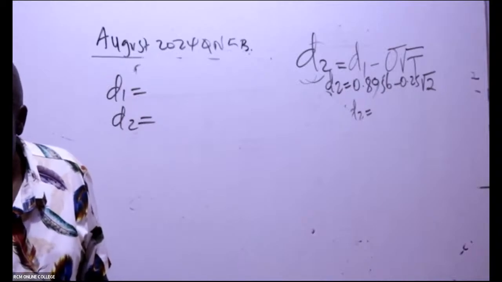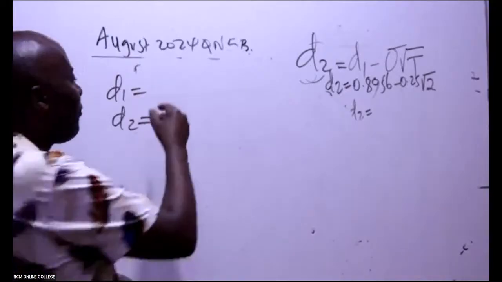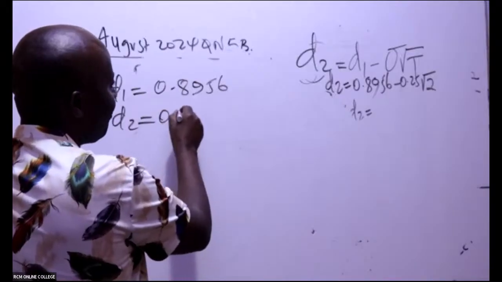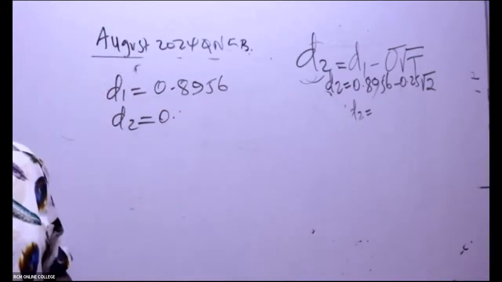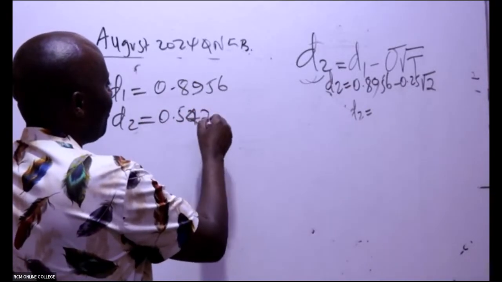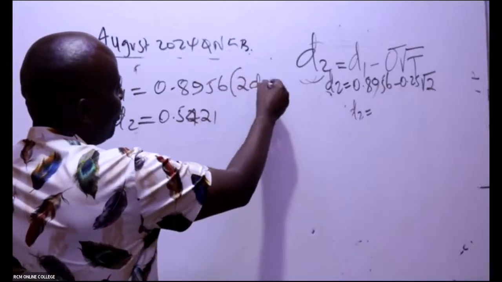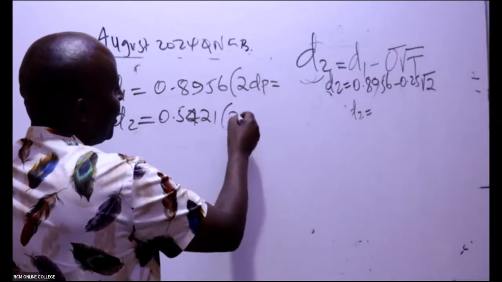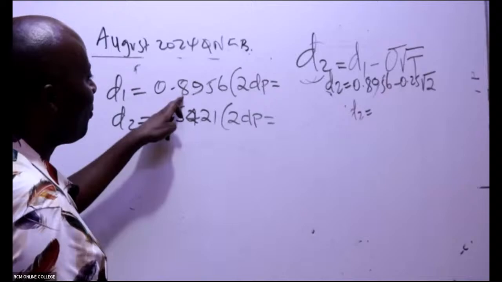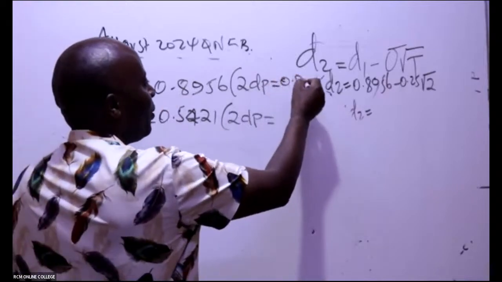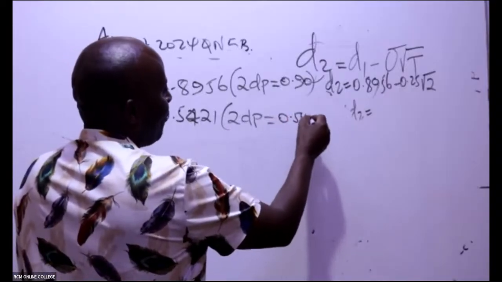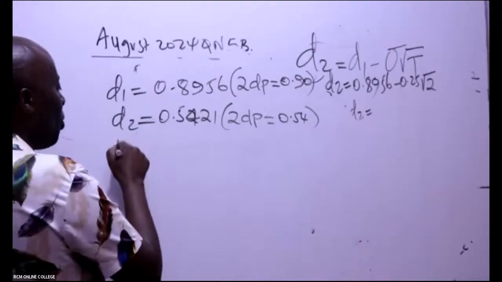D1 is 0.8956, and D2, you have gotten 0.5421. Please change these to 2 decimal places so that we can read them from our tables. So D1 will be 0.90, and D2 will be 0.54. From there we go to normalization.